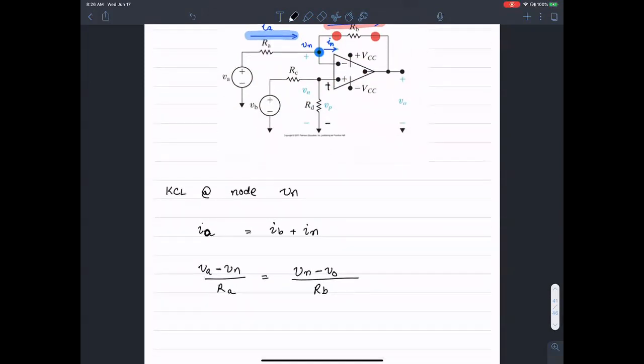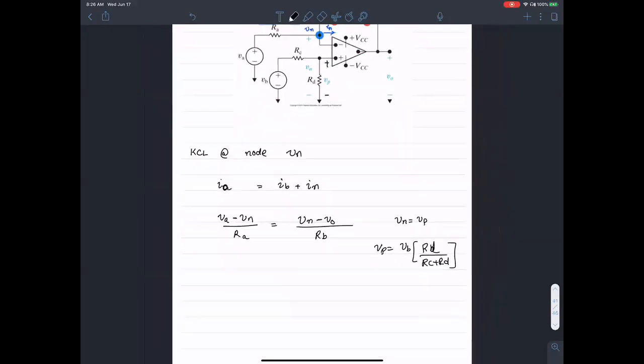Once you massage this equation, we can plug in Vn equals Vp. We know Vp is equal to Vb times Rd over Rc plus Rd. That's the value we got from earlier.